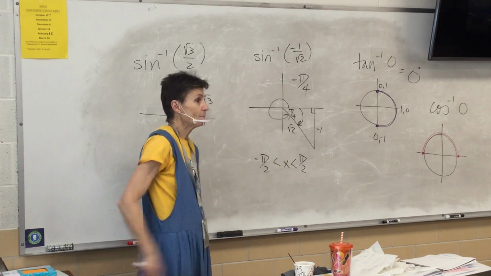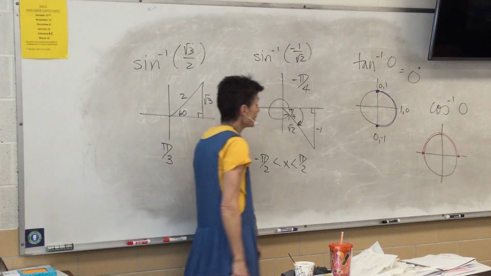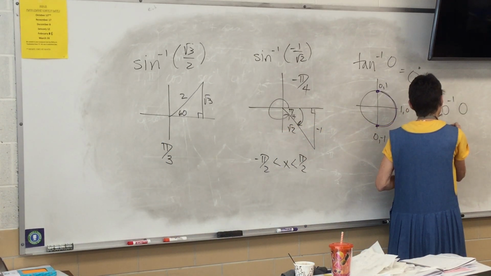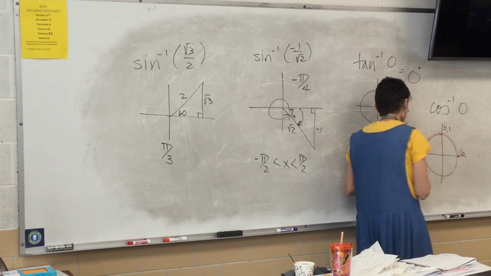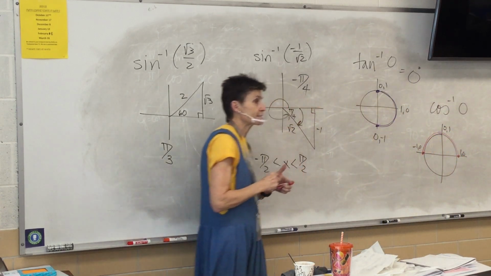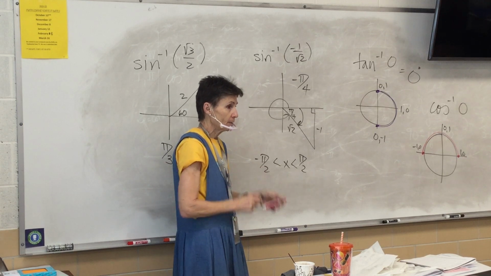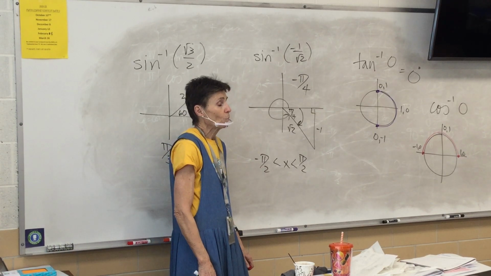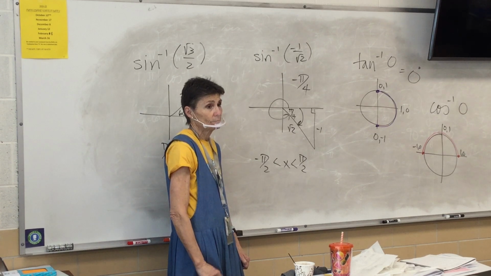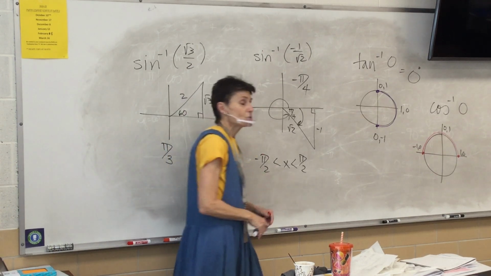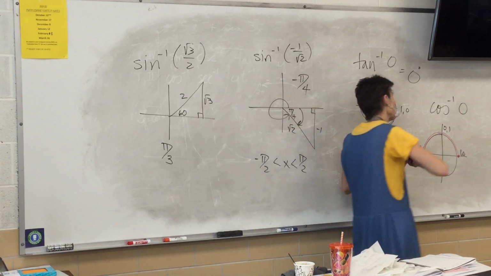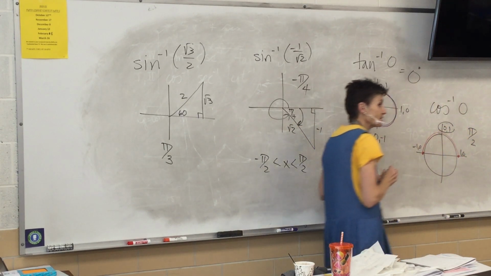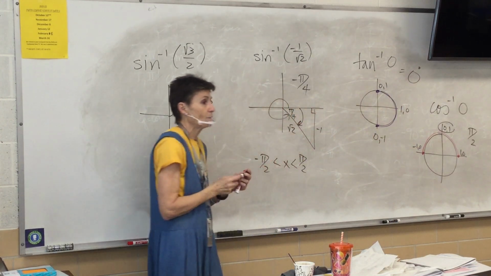That's this, right? So thinking about these points, where is the value of the cosine, x over r, or the x coordinate in the unit circle, where is that 0? 90 degrees. So in radians, we would say pi over 2. But it is, it happens right there. That's where the cosine is 0.